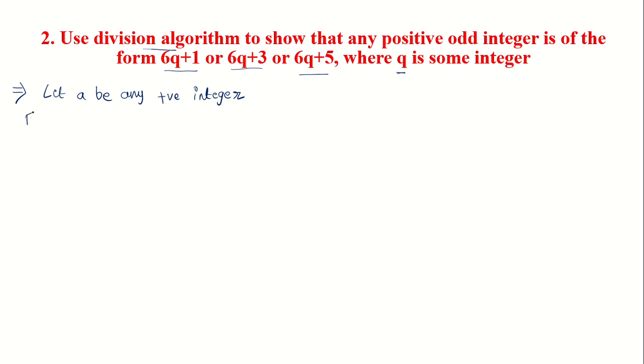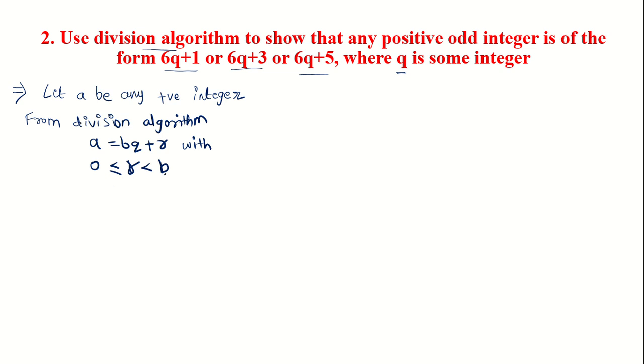From division algorithm, I think you remember that we have the equation a equals bq plus r, with condition 0 is less than or equal to r and r is less than b.